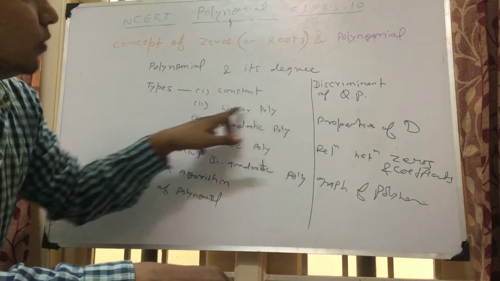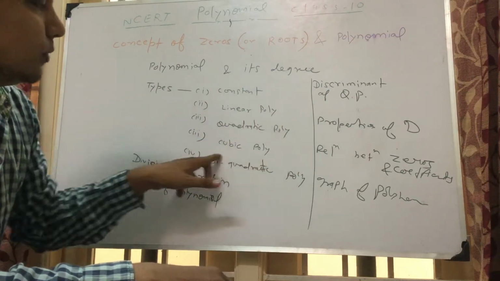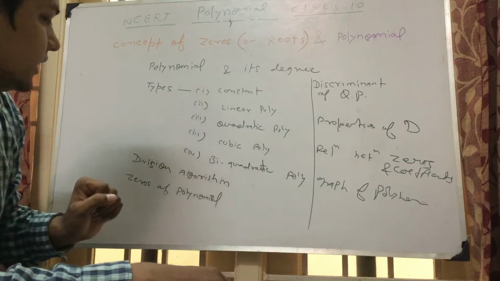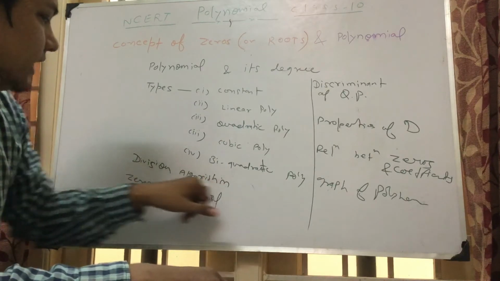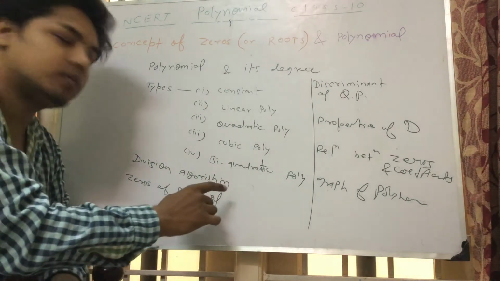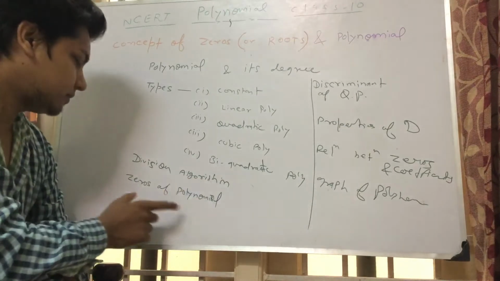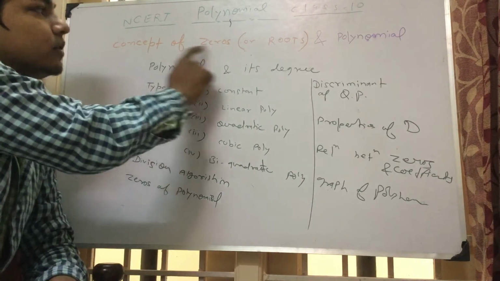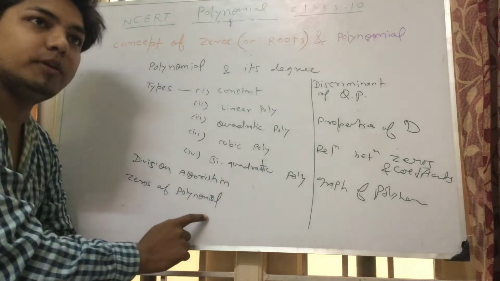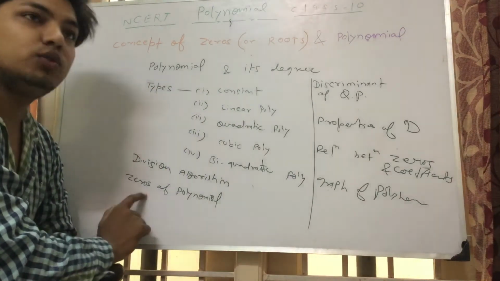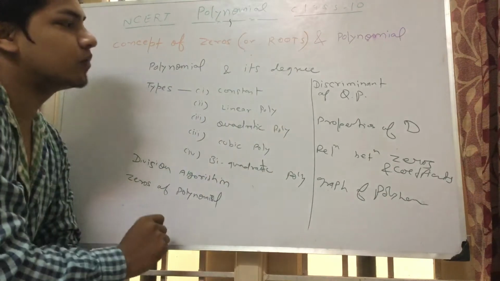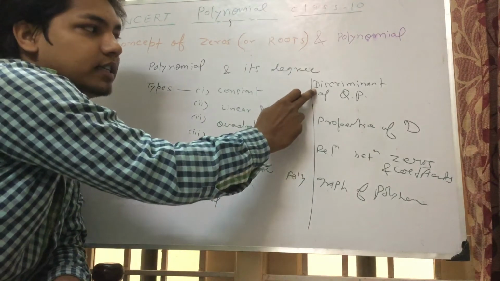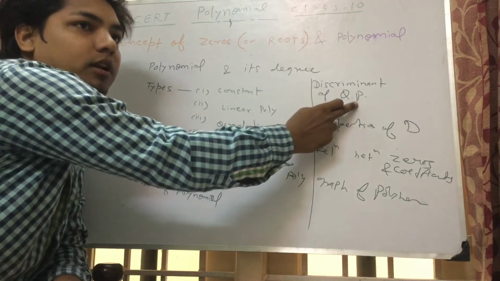So we have constant polynomial, linear polynomial, quadratic polynomial, cubic polynomial, biquadratic polynomial, and then we have to learn this technique, something called division algorithm. They ask questions on this. Then zeros of polynomial you have to learn. Here the concept of zeros, we'll start from here. Zeros are also known as roots, and then we have to discuss discriminant of quadratic polynomial.